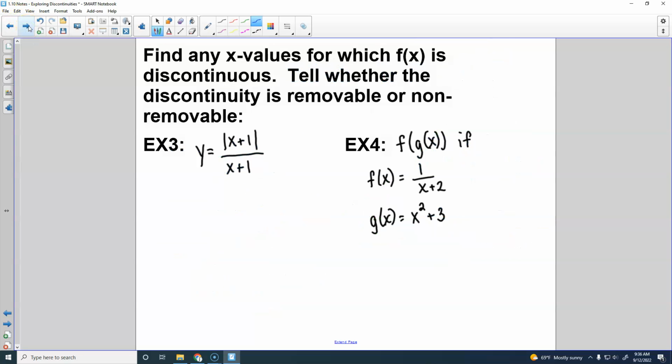All right. Okay. Problems like example 3 show up fairly often, and it's a specific type of problem that you'll see. This almost cancels, right? I got an x plus 1 on top, an x plus 1 on the bottom. It almost cancels.